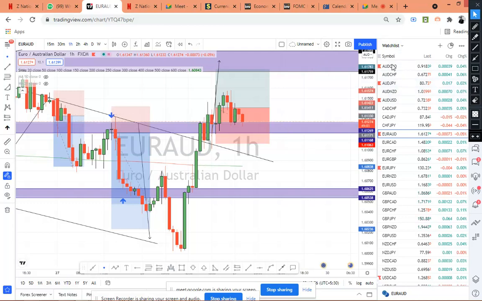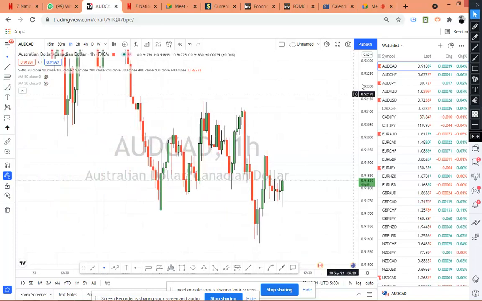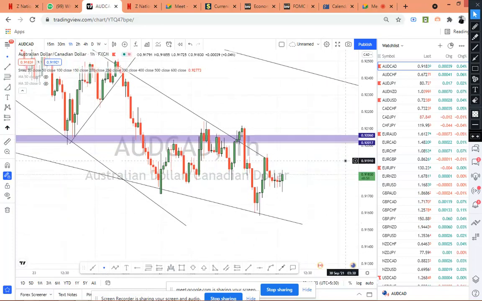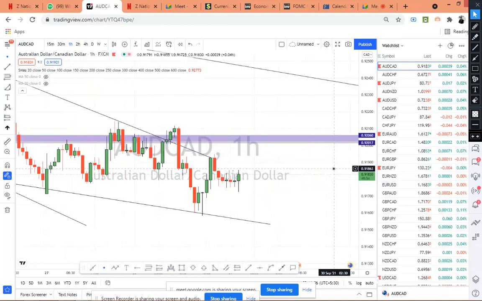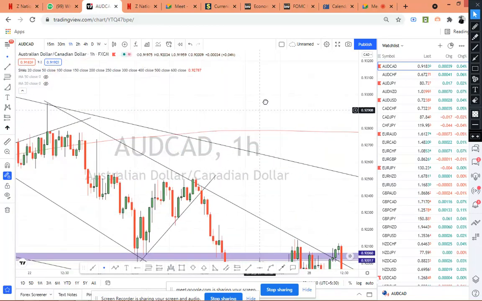Let me start from AUDCAD. Let's do some analysis on the AUDCAD, the trade we're going to take, and what we are expecting. Look at this AUDCAD, the way the market is behaving.